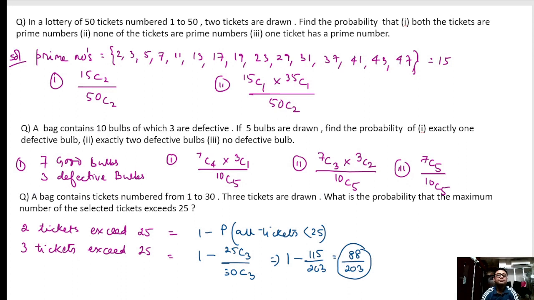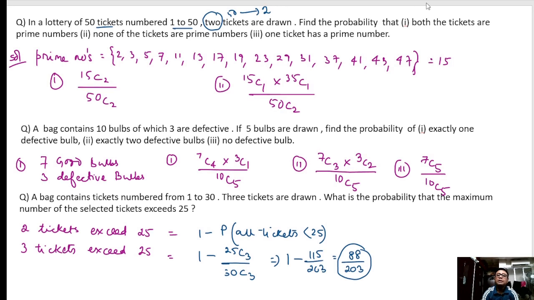Next is, in a lottery of 50 tickets, the tickets are numbered 1 to 50. 2 tickets are drawn. That means from 50 tickets you will draw 2 tickets. What is the probability both tickets are prime numbers? So how many prime numbers are there? These are the prime numbers.